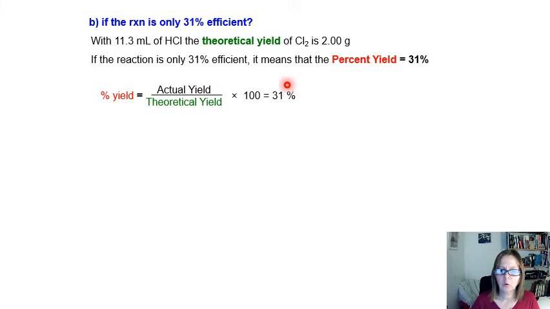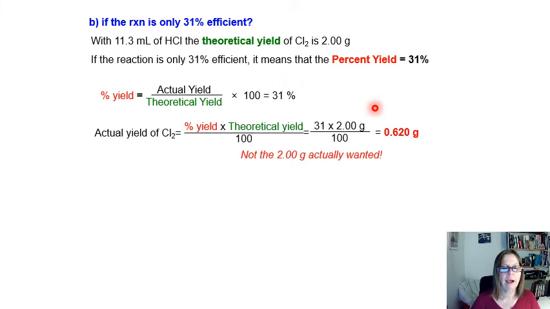Here we are told that is 31%. So the actual yield of chlorine is the percent yield times the theoretical yield of 2 divided by 100. So 31 times 2 divided by 100, we only got 0.620 grams, not the 2 grams that we wanted.